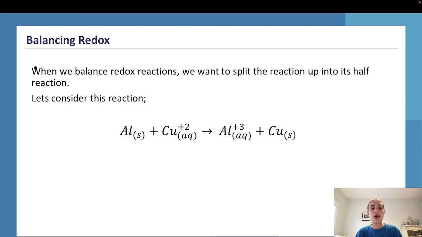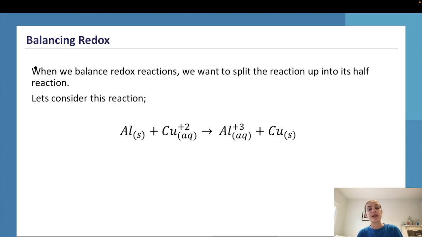So now we're going to go on to balancing some redox reactions. And so when we balance a redox reaction, we actually want to split up the reaction into its half reactions. And so that just makes it easier for us to see the reduction reaction and the oxidation reaction.